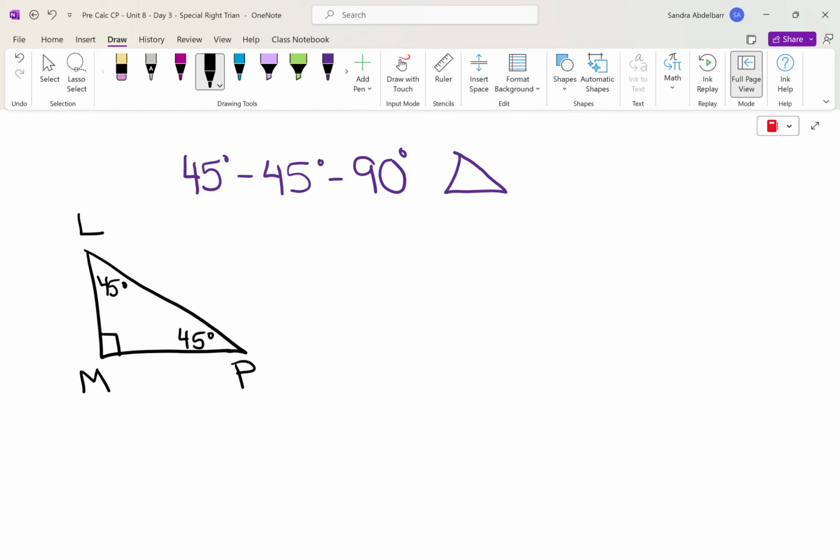The sides across from the 45s: one side across from a 45 is LM, that's X, and across from the other 45 is also X. So in a 45, 45, 90, the legs are X, and the hypotenuse will be X times the square root of 2. You need to memorize these triangles.